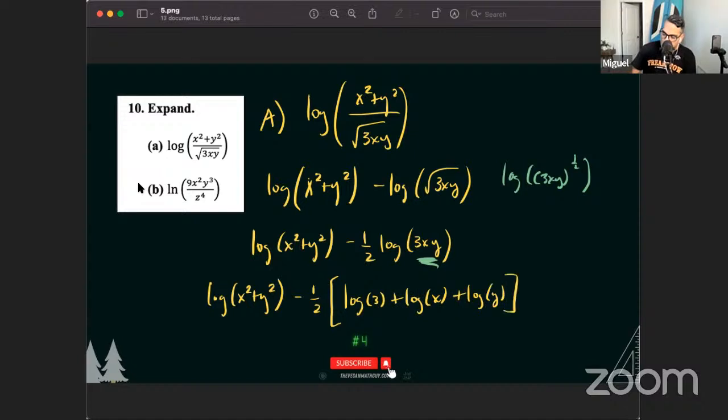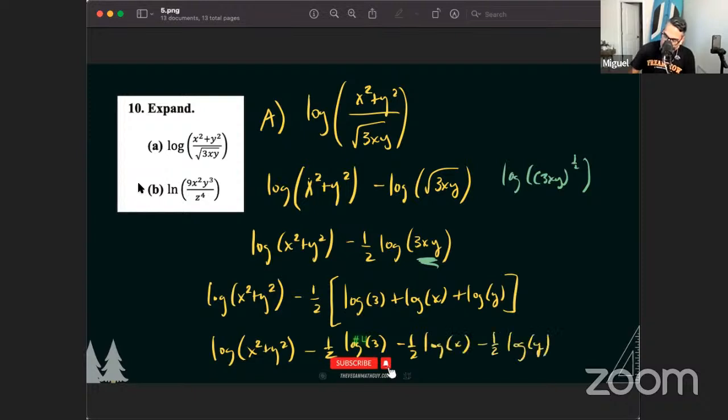And notice how we were very careful with that 1/2 on the outside, because the 1/2, it's being subtracted, but also it's being multiplied to everything in the log. So then my final step is to write it as log of x squared plus y squared, minus 1/2 log 3, minus 1/2 log x, minus 1/2 log y.